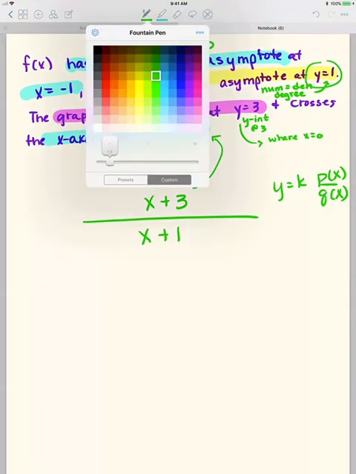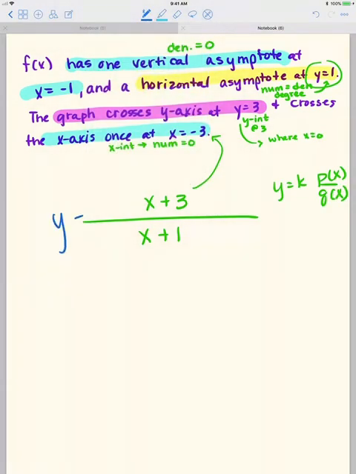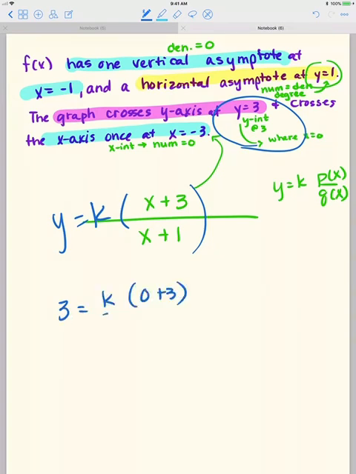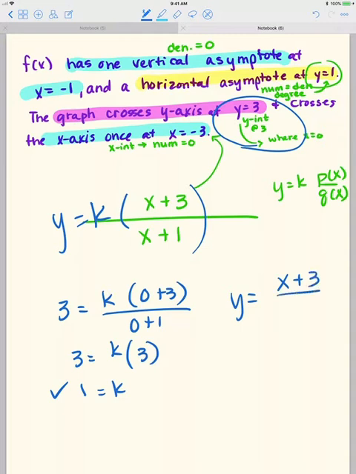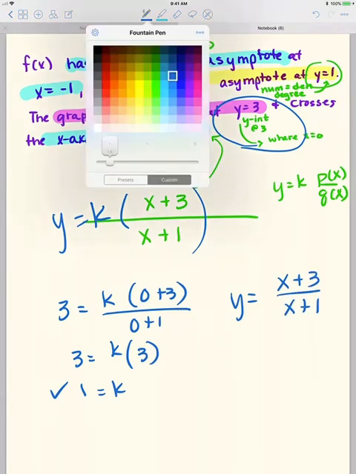If you'd like to verify, finding a constant k times your polynomial, you can use this y-intercept of 3, plug in 3 for y and 0 for x, and you'll get that k is in fact 1, and we don't really have to put anything else on our function. So x plus 3 over x plus 1 would satisfy all of these pieces.